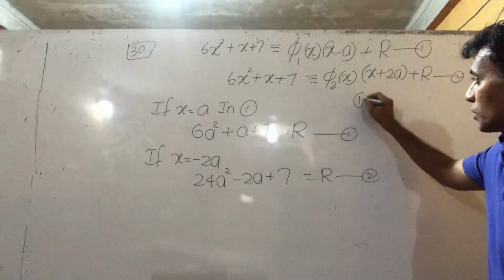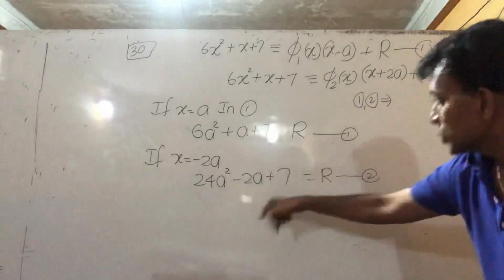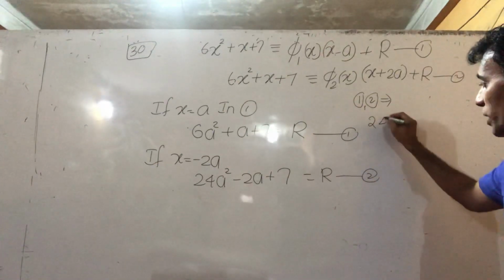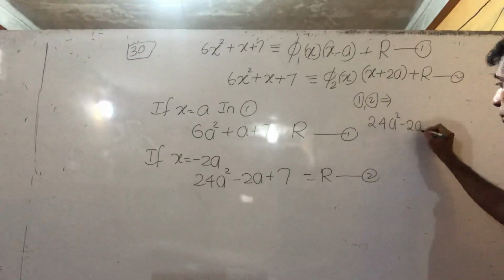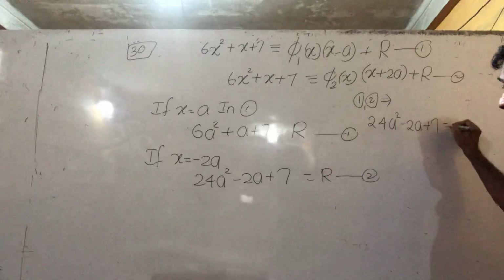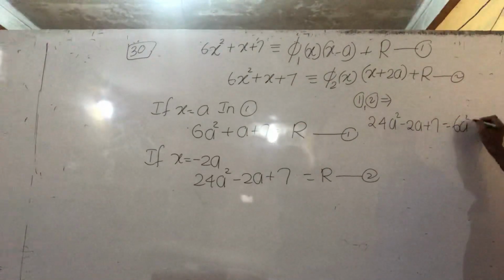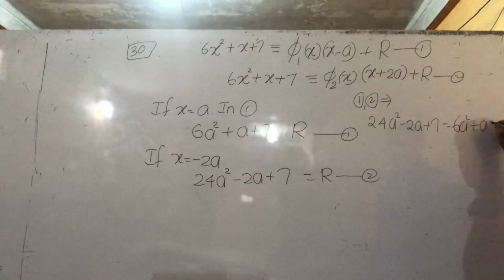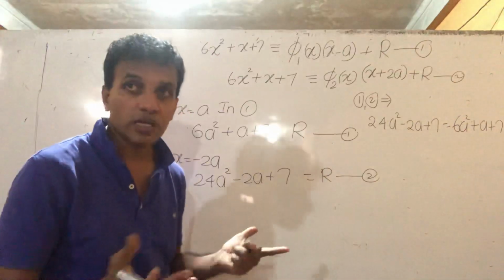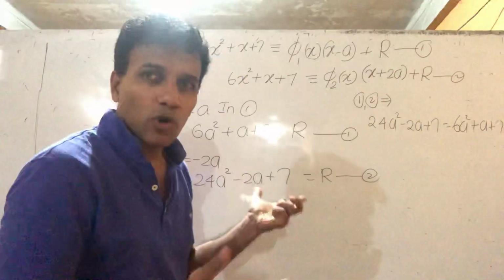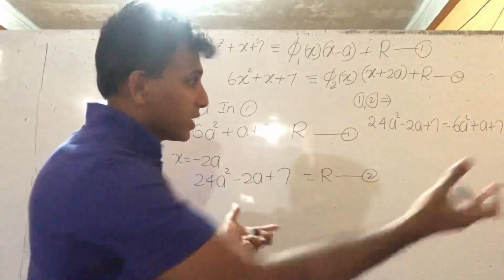Therefore, from 1 and 2, I take this one, 24a square minus 2a plus 7, equal to that one, 6a square plus a plus 7. Therefore, rearrange the terms. Here is the O-level mathematics, find the a answer, quadratic equation type. Take all to this side.